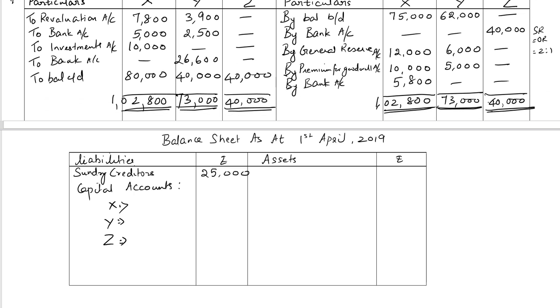It's 80,000 in the case of X, 40,000 in the case of Y and 40,000 rupees in the case of Z. So it's 1,60,000 rupees, the total of the capitals.